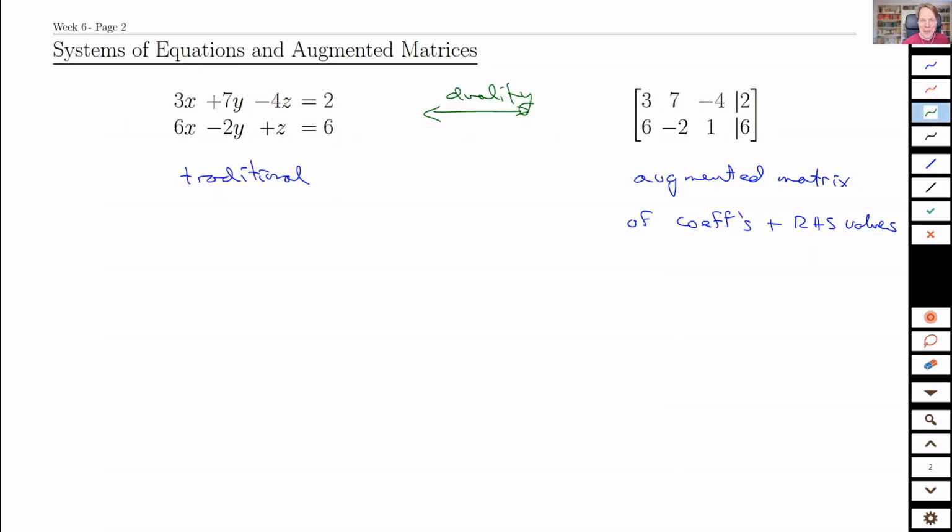And the reason we can get away with just dealing with the coefficients is that the column indicates the associated variable. We are not Wild Westing this.